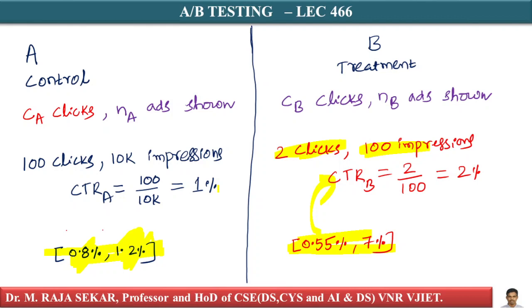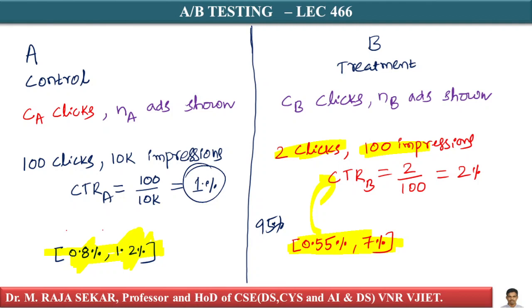Look at this, it is a very wide confidence interval, is it not? 0.55% to 7% means this is a very wide 95% confidence interval on my CTR of B. Even if you take the point estimate, what is the point estimate?